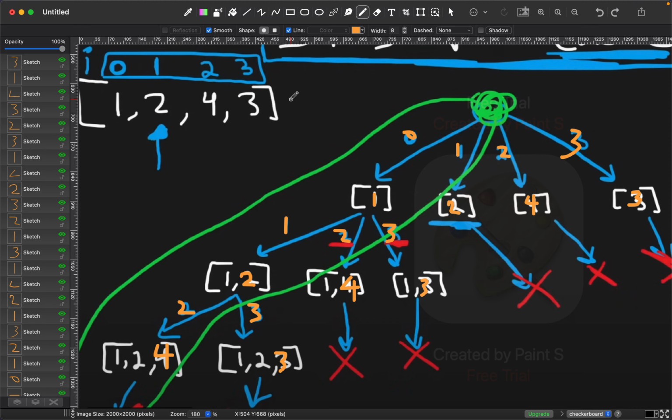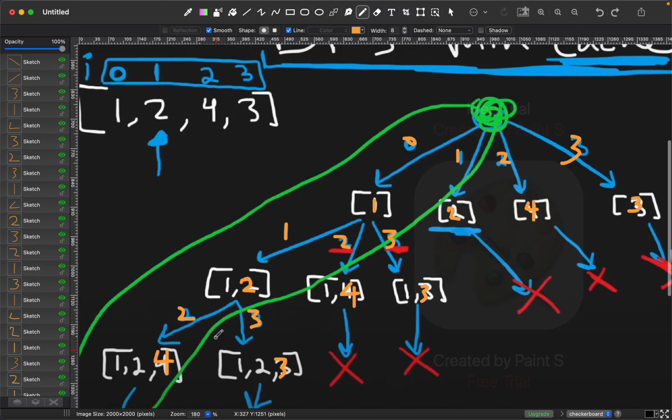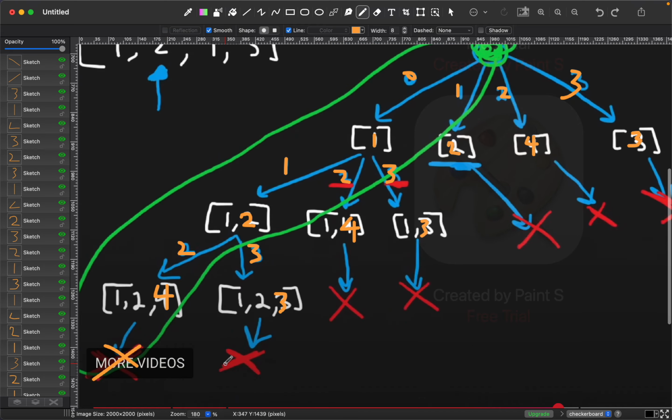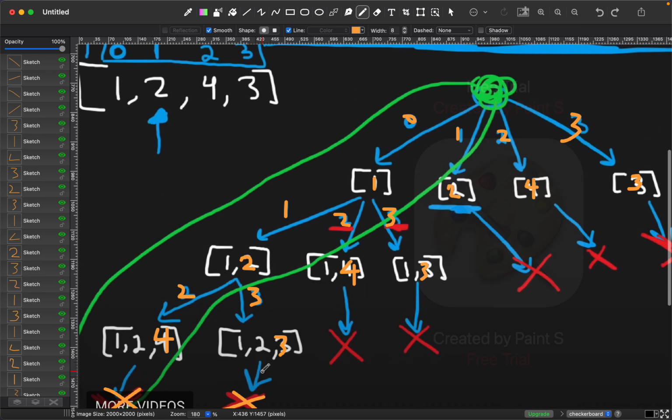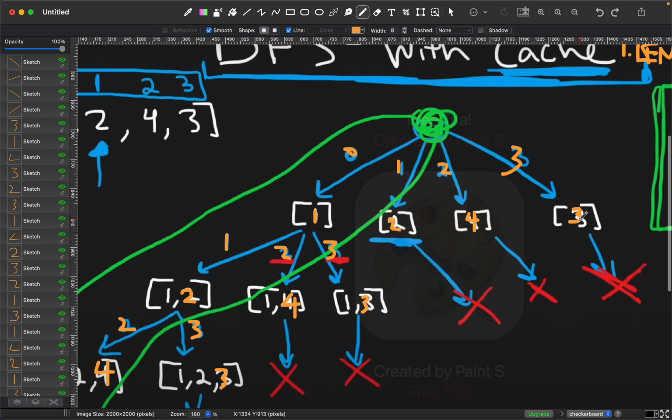And it's out of bounds, so there's no way I can go. From this guy's perspective, it's out of bounds, so it's out of the question. And for slot 3, it's out of bounds, so error. 4, I cannot go because the rulebook says I cannot go to a lower number.